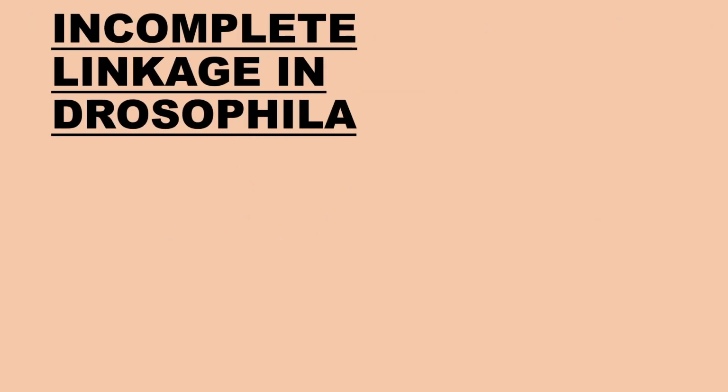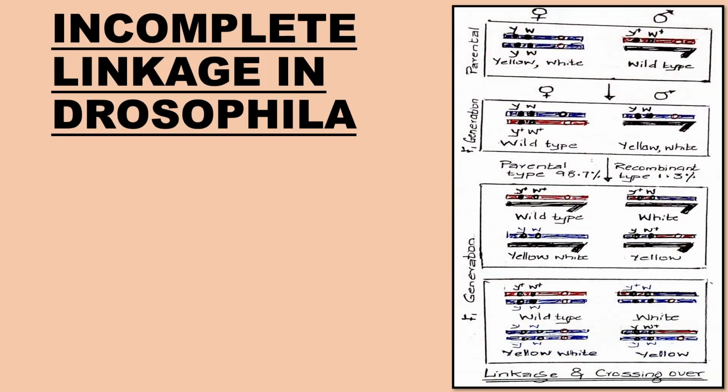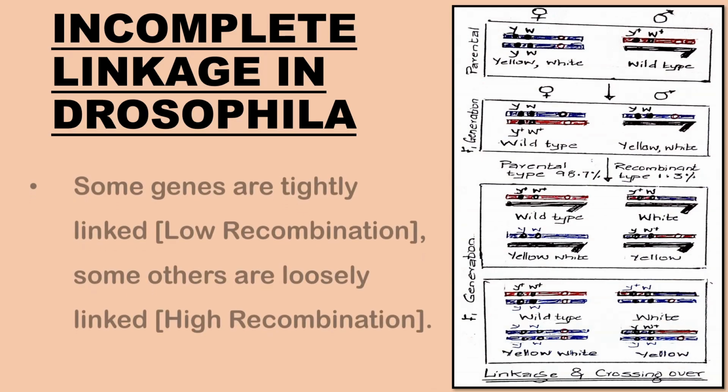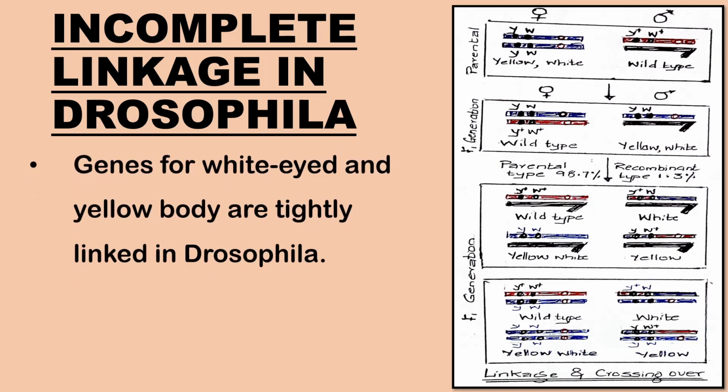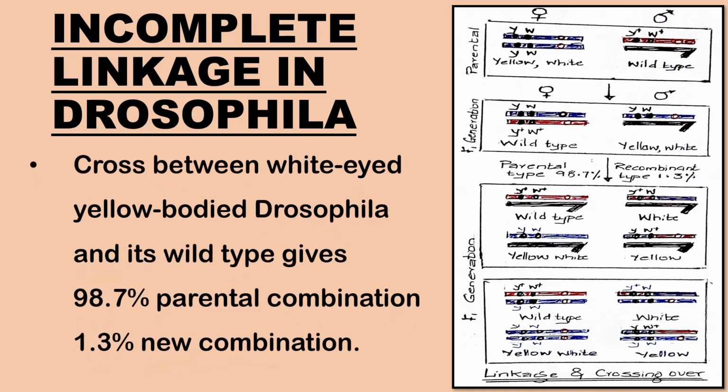Let us learn about incomplete linkage in Drosophila. When genes are grouped on the same chromosome, some genes are tightly linked and show low recombination, while others are loosely linked and show high recombination. The genes for white-eyed and yellow body are tightly linked in Drosophila.